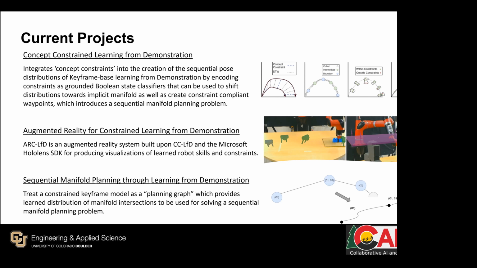I'm currently working on a sequential manifold planning problem that is learned through learning from demonstration. The idea is to take this constrained keyframe graph from CC-LfD and use the areas where the constraint sets change as my learned manifold intersection regions, which then allow me to use a constrained motion planner to solve this sequential manifold planning problem for a more sophisticated robot task provided by a human user.